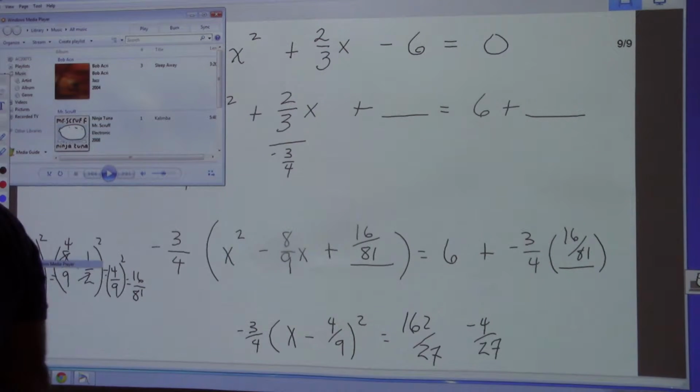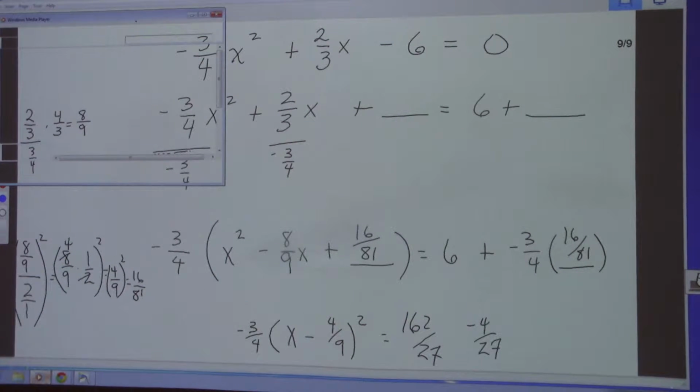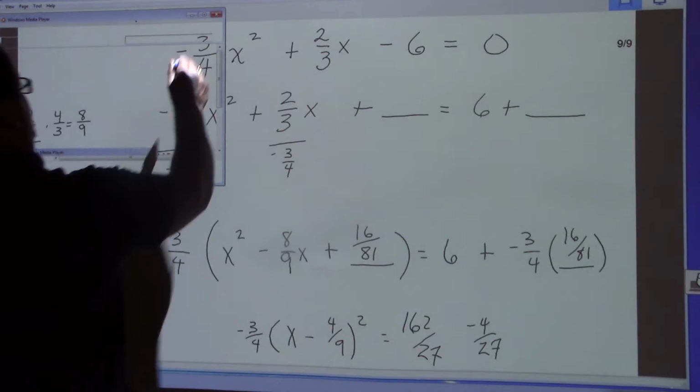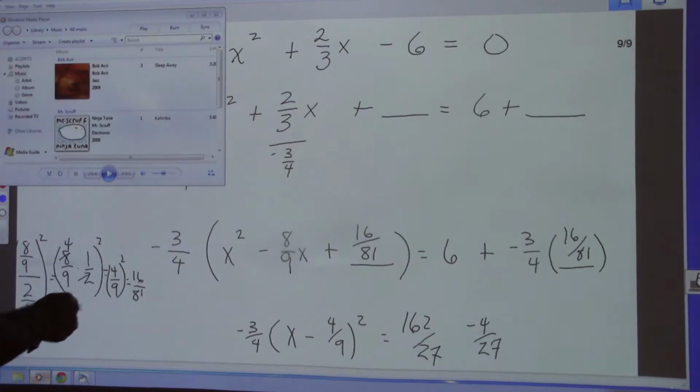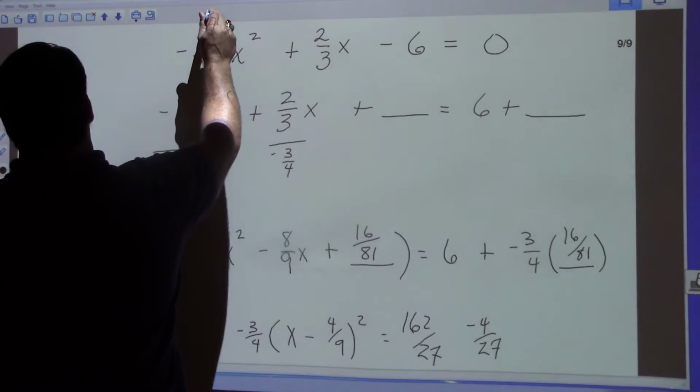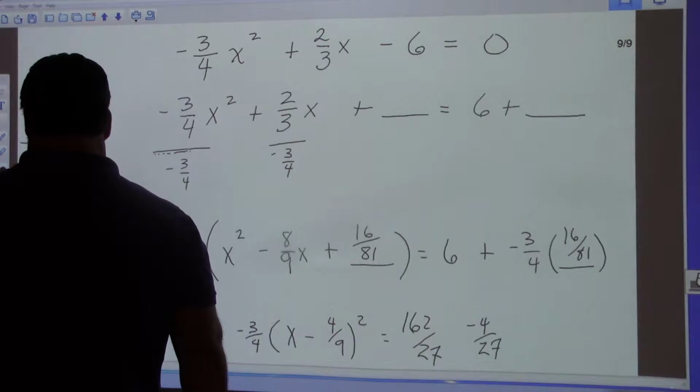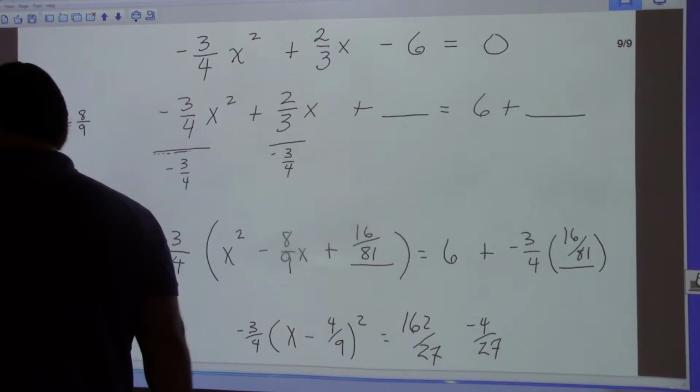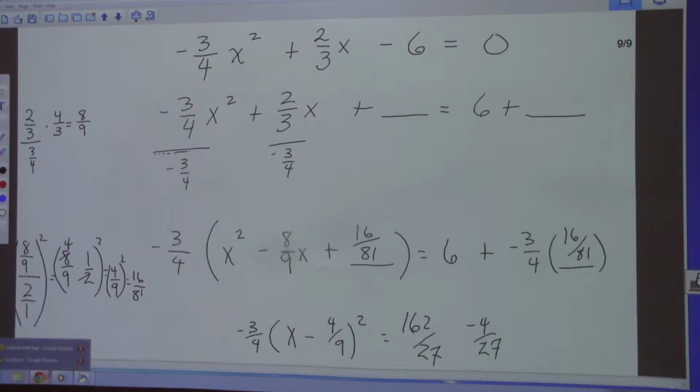Where'd you get the negative 4? Hold on a minute. This is bothering me, people. I hear a noise.